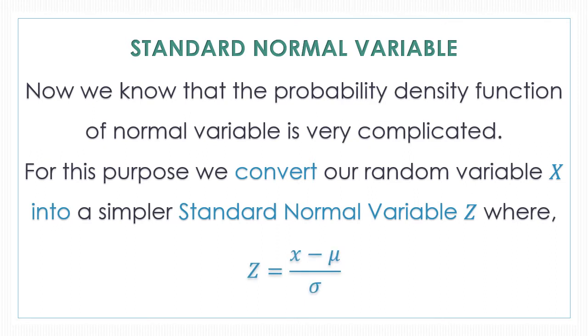Here you know that mu is the mean and sigma is the standard deviation. So how do we calculate z? We subtract the mean from the variable x and divide it by our standard deviation. That is how we calculate the value of z.